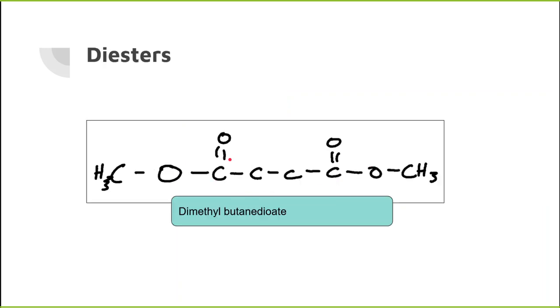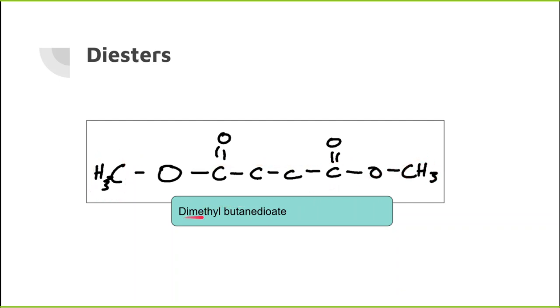You can have diesters as well. So we have an ROCOOR on this end, and we have an RCOOR on this end. So how this gets named is we look at our alcohols. In this particular case, it's a methyl and a methyl.